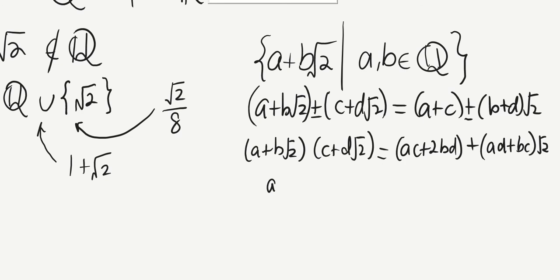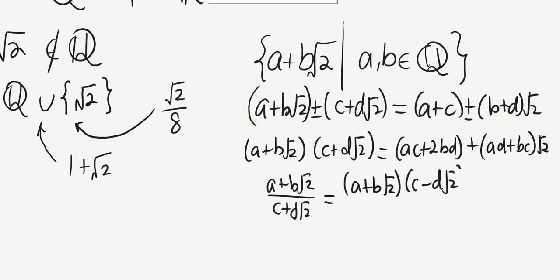And for division, we can multiply both sides by the conjugate of the denominator. So this becomes c squared minus 2d squared.